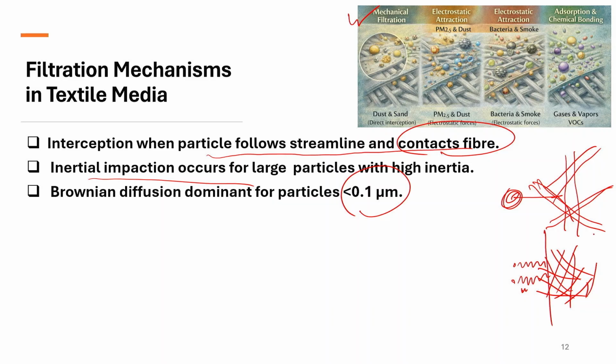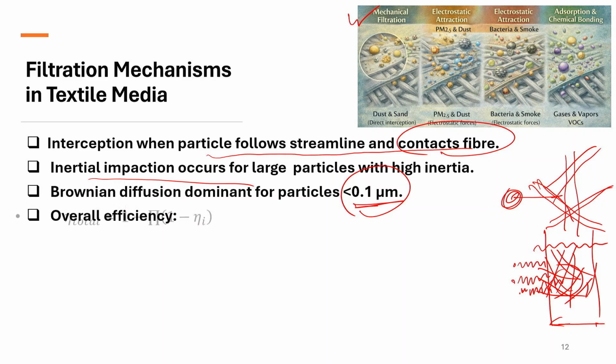During this Brownian motion, when it is passing through the thickness of the structure, this particle will get impacted with a fiber, that probability is there, and it will get settled, because the velocity for Brownian diffusion is very low. So, at slow velocity it is moving, so the probability is that it will definitely strike a fiber during the path and get settled on the fiber surface.